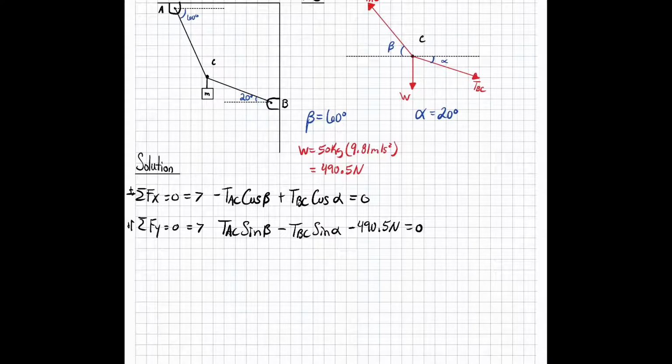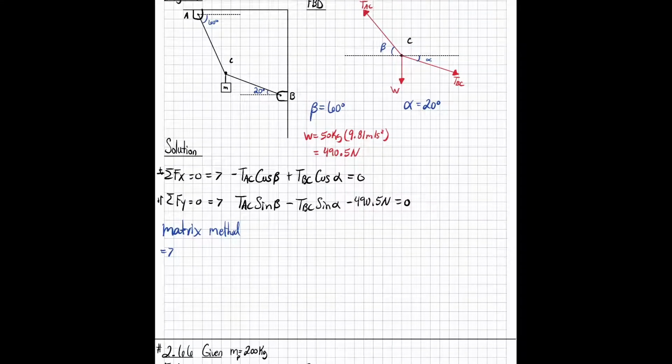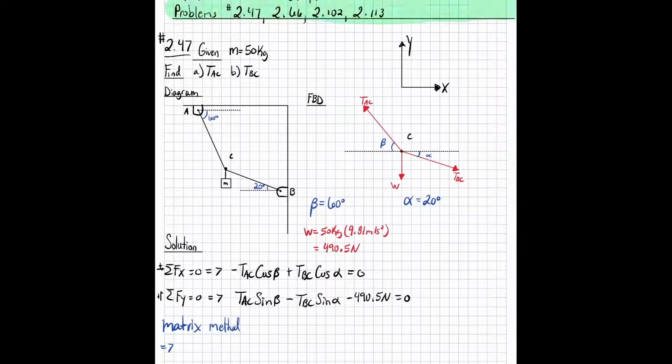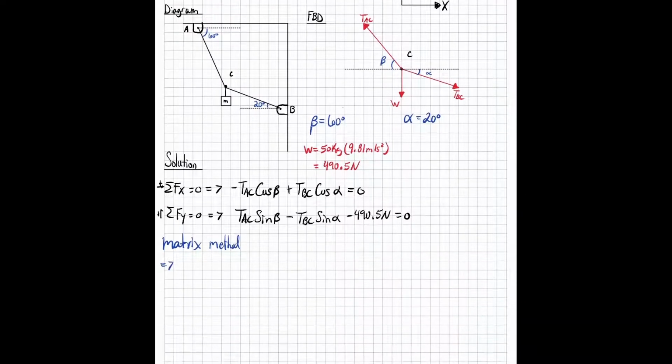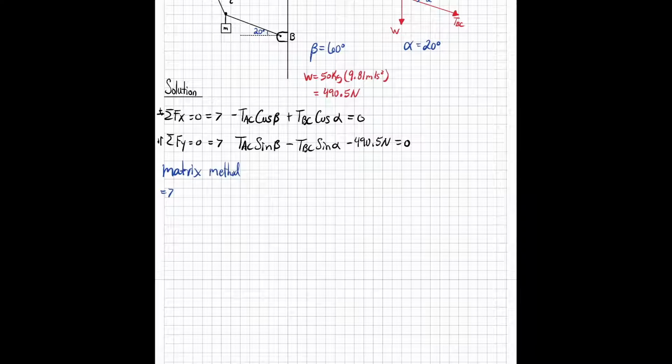So the matrix method, what we're going to do, I'm going to add a page, I need the room. For the matrix method, we start off with making a bracket. All we're going to do is take our sum of forces in x and y, and as long as we have the same column and same row, so tension AC is in this column, tension BC is in this column, we can take this entire input and put it right into our matrix format.